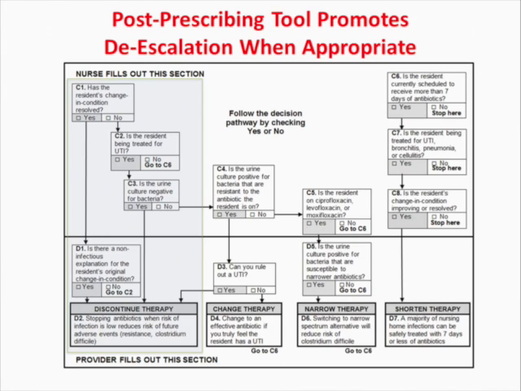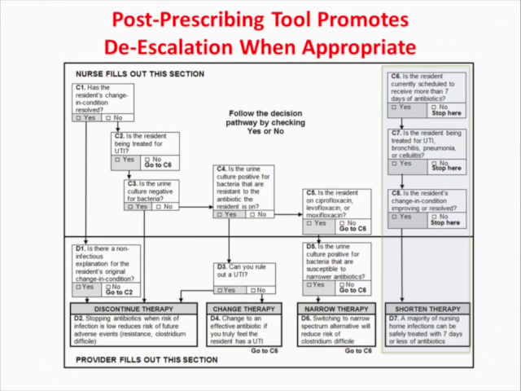There are three antibiotic modification pathways in this diagram. The first one leads to identification of opportunities to discontinue therapy when appropriate. The second one includes opportunities to change therapy when appropriate, including narrowing therapy when needed.